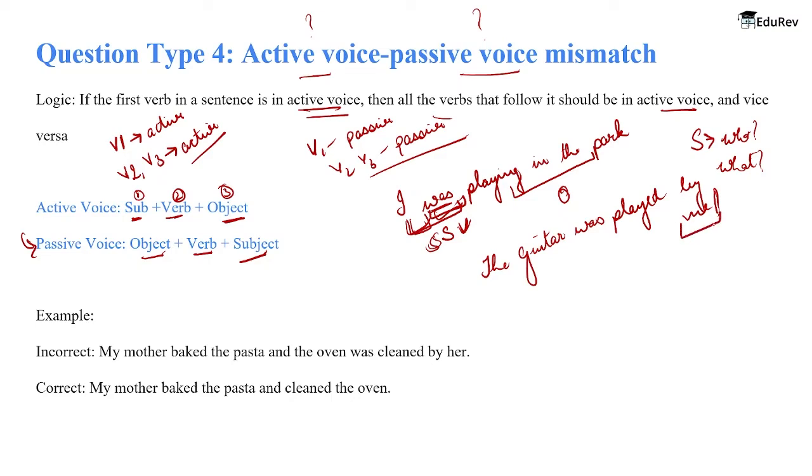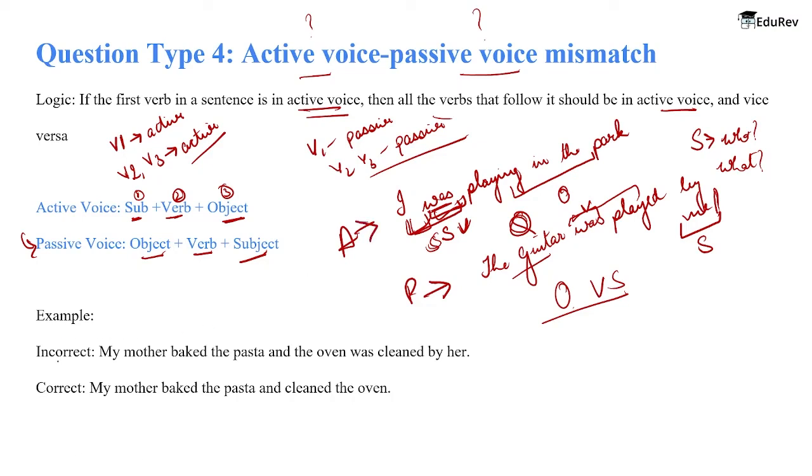I was playing, me was playing, so me is the subject. Was played is our verb. The guitar is our object. So the order here is object, verb, subject. So this is in the passive voice and this is in the active voice.